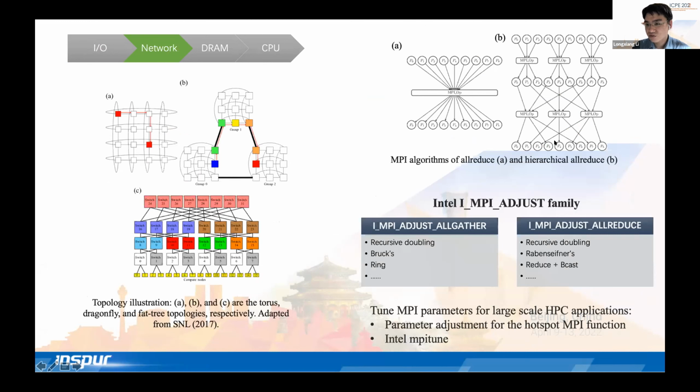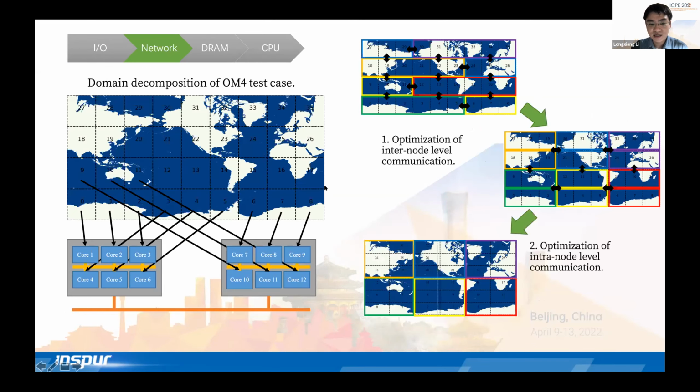This could improve the performance on the fat-tree topology. We could also use other methods such as process binding. We can change the binding format from one-dimensional to two-dimensional.